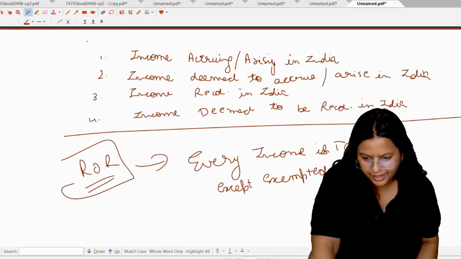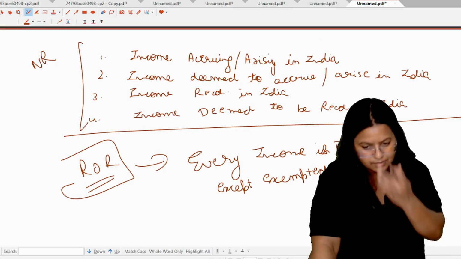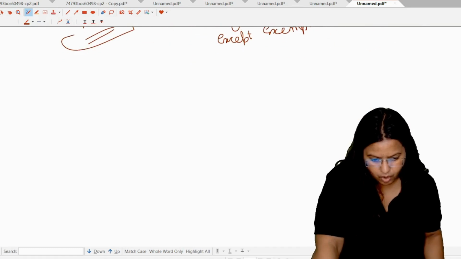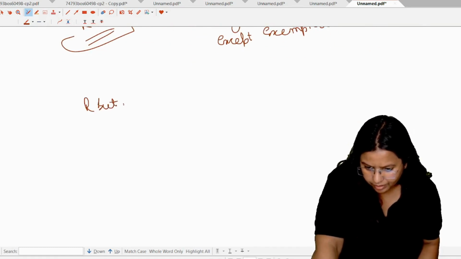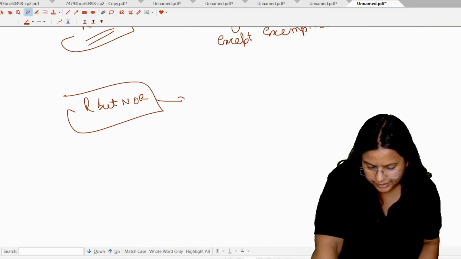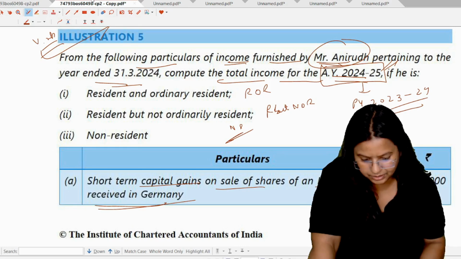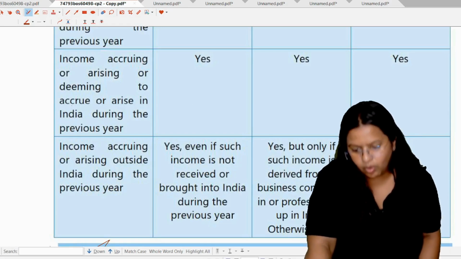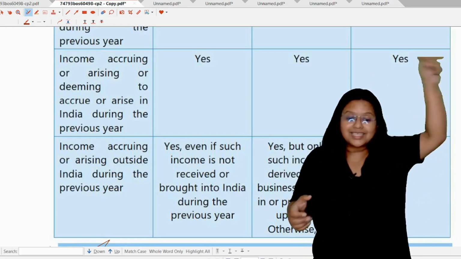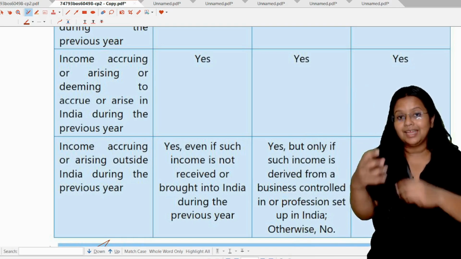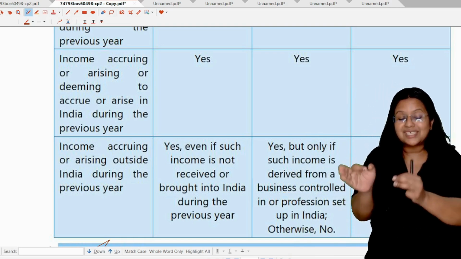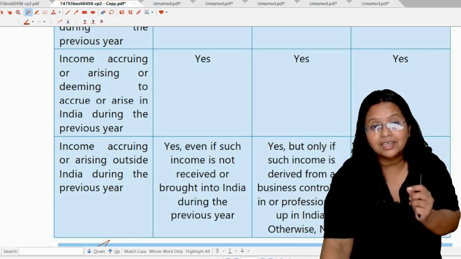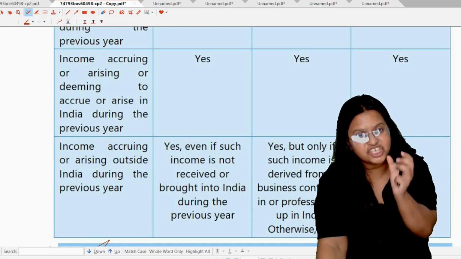Now, for NR, only these 4 incomes will be taxable, not any other income. But for the person R but NOR, one additional income will also be taxable. That income is income accruing or arising outside India during the previous year, but that income is derived from a business controlled or a profession set up in India.